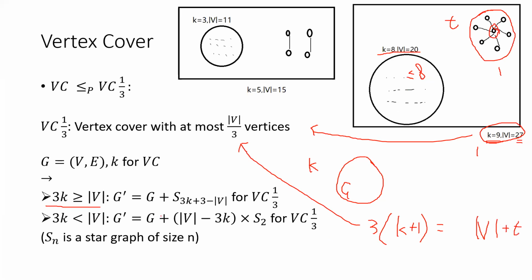If you solve this, it will give you this number T, which means you have to have a star graph of size T. And then you are guaranteed to construct a new graph G prime. They are identical, and this is a successful reduction from VC to VC1/3.